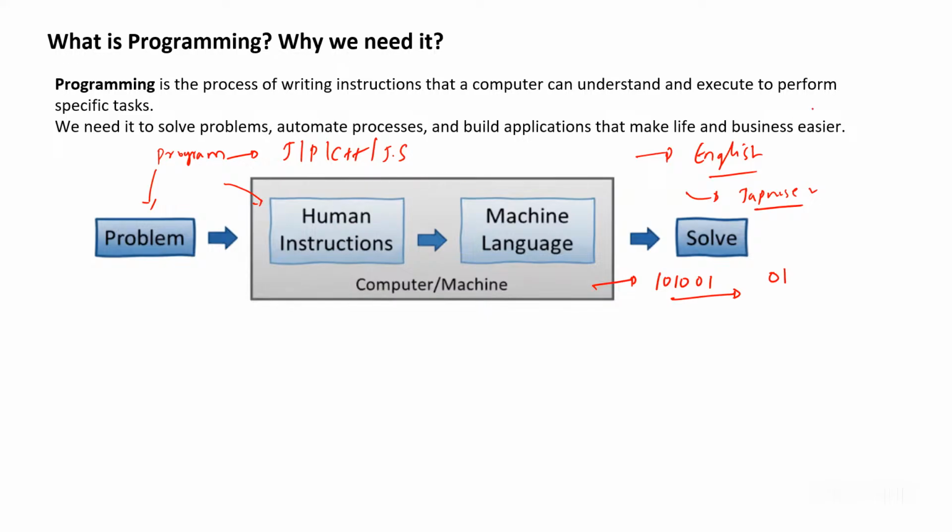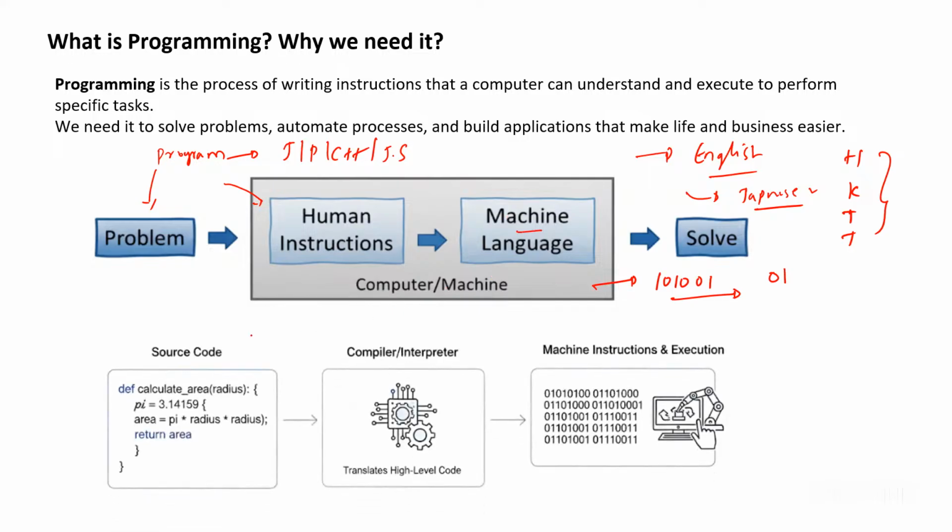Just as we have English, Hindi, Kannada, Tamil, Telugu, there are different languages we can use to communicate with the computer, but it does not understand those languages. It will understand those instructions only when they are converted into machine language. You write code here and it needs to be translated into machine instructions, and only then is it able to execute.